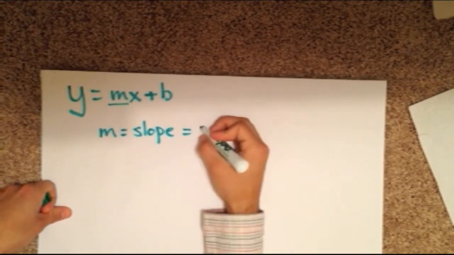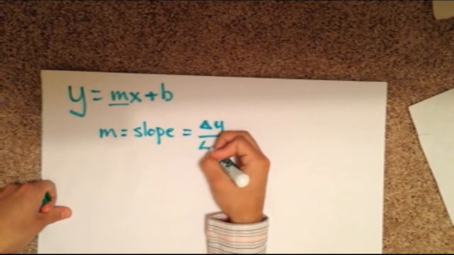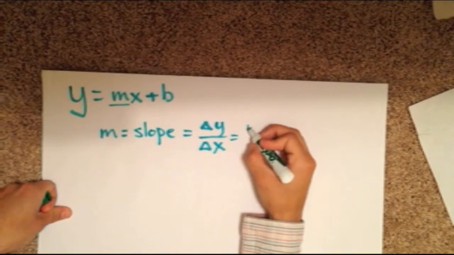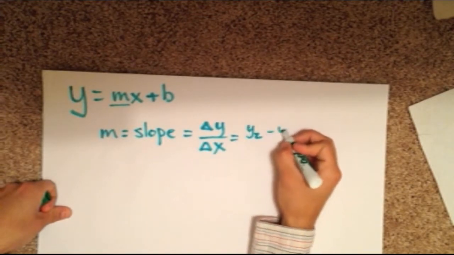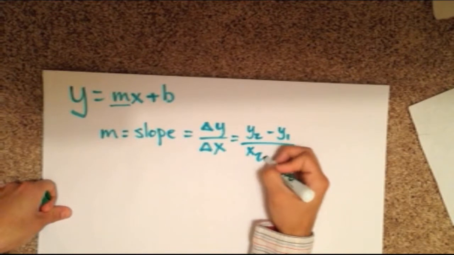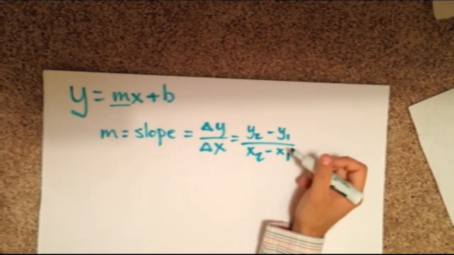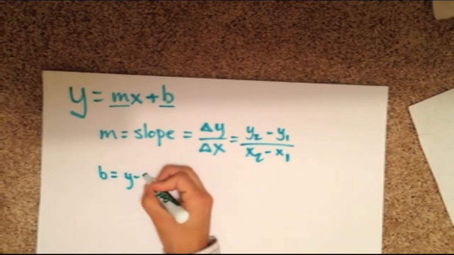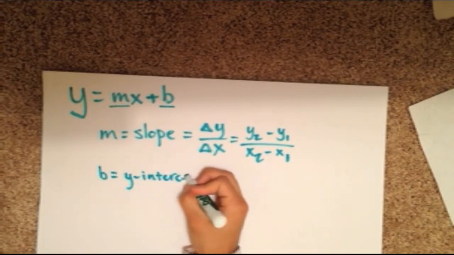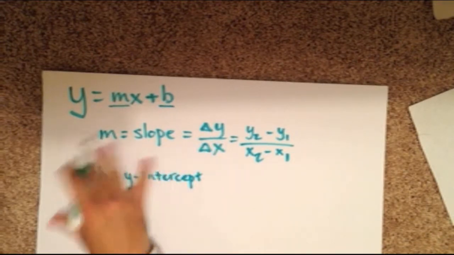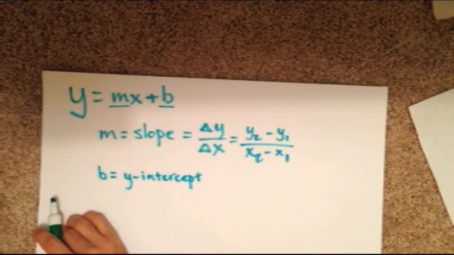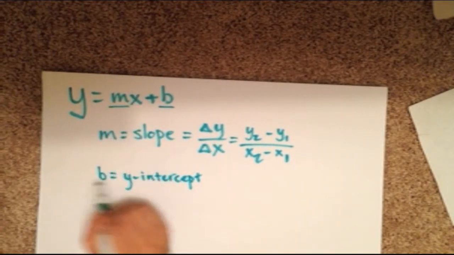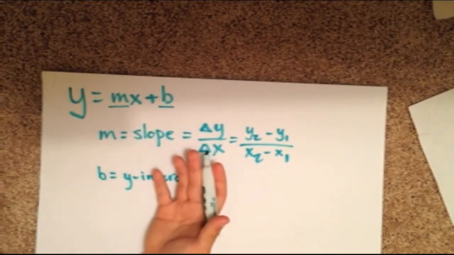This can also be written delta y over delta x, which stands for the change in y over the change in x, which can also be written as y2 minus y1 over x2 minus x1. b is our y-intercept. When we're given a linear function and asked to put it in this form, we have to solve and find the slope and the y-intercept. We plug them in, and there's our linear function.